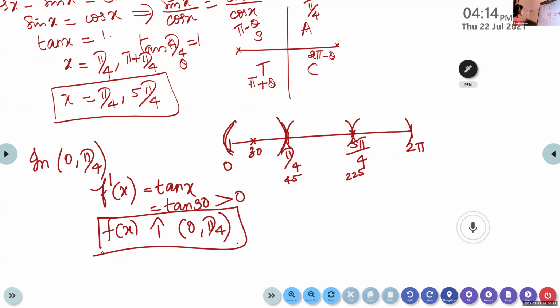What is tan 90? It will become infinity, isn't it? So what will be the sign you will guess? What is the sign? Positive. It is positive.